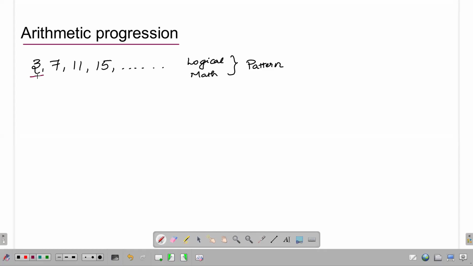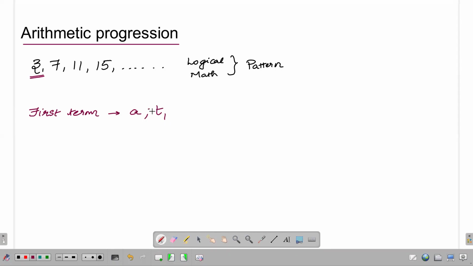We can see here the number 3 I have written. We consider this 3 as the first term of this progression. Generally, the first term is represented using the letter A. Sometimes it is even presented as T1, term 1.